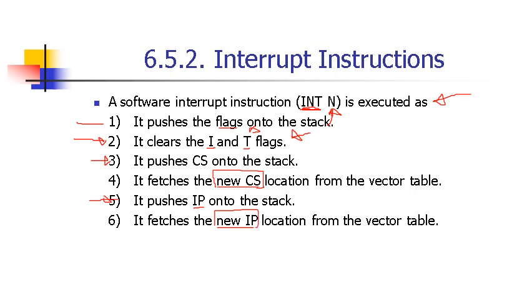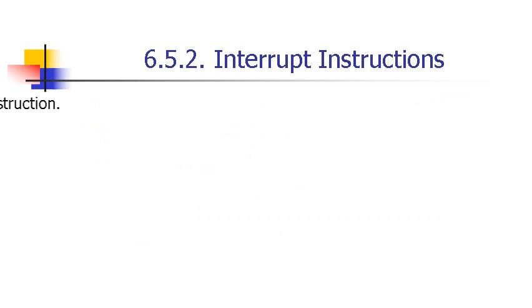So now your old CS and IP are stored in the stack, and your new CS and IP are obtained from memory by the help of the interrupt vector. Then you go to this new location, CS and IP, and start to serve or handle your interrupt service routine. Okay.